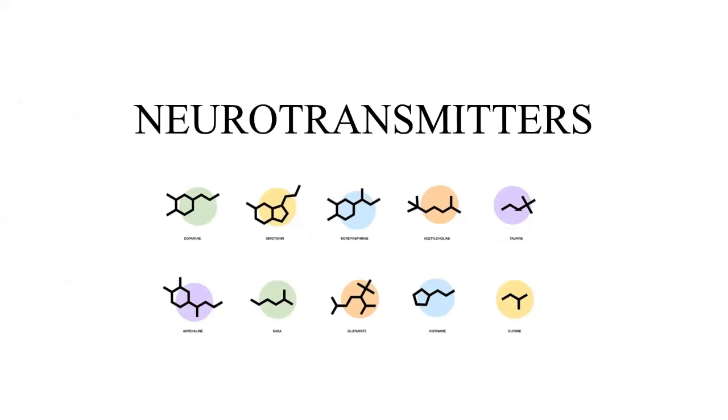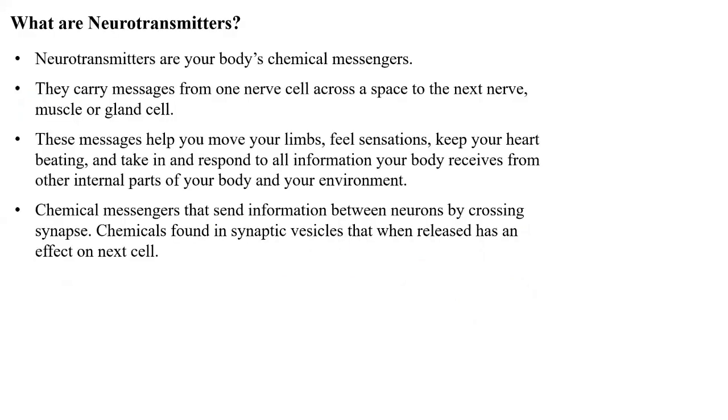So in today's video, we are going to learn about neurotransmitters. So let's understand what are neurotransmitters. Neurotransmitters are your body's chemical messengers. They carry messages from one nerve cell across a space to the next nerve, muscle or gland cell.